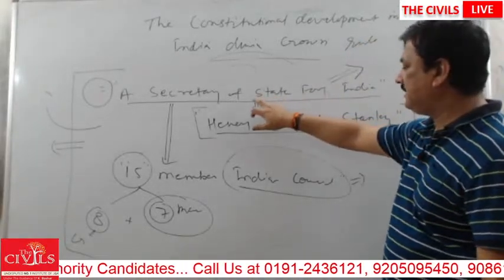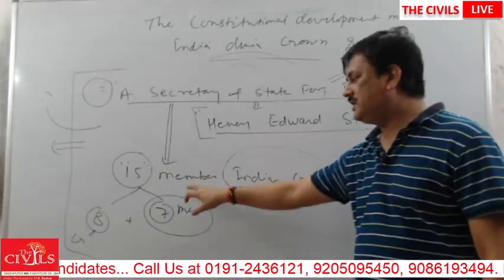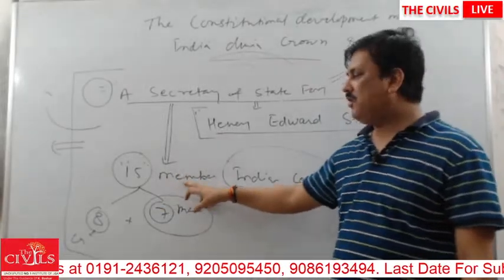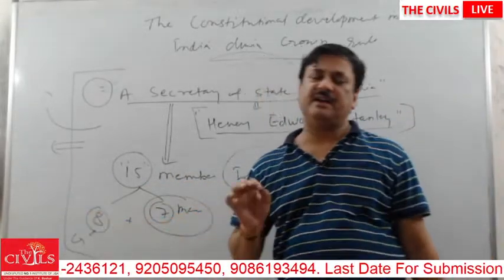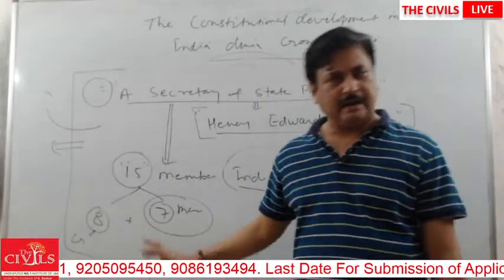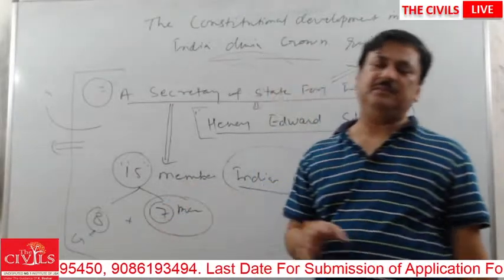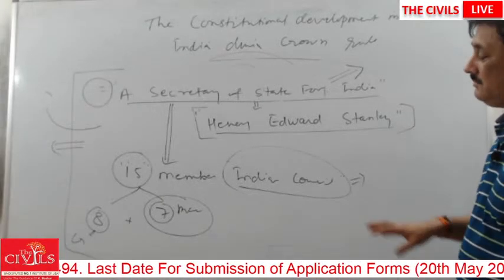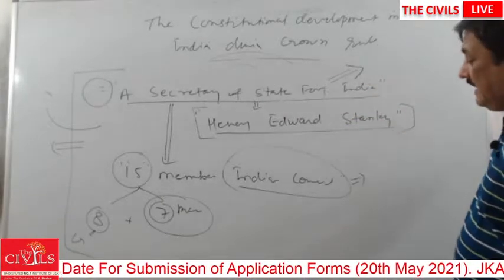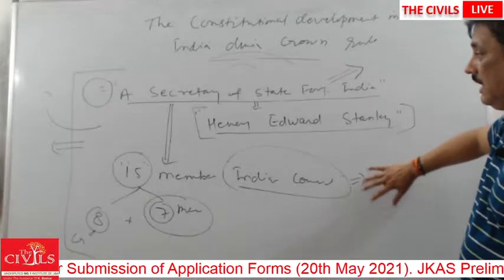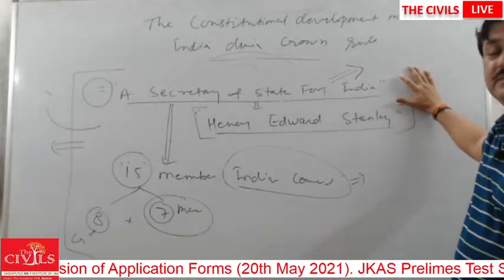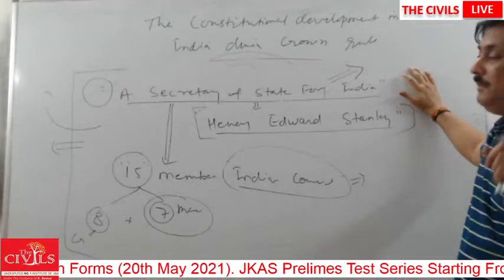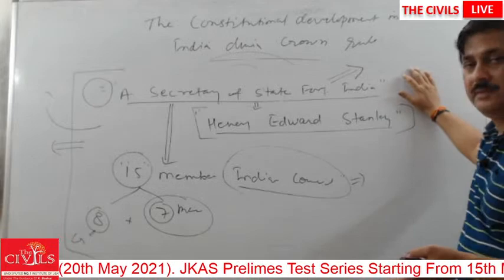To assist the Secretary of State for India, a council called the India Council was formed, which had 15 members. Out of 15 members, 8 were nominated by the Crown and 7 were nominated by the Board of Directors. This India House under the Secretary of State was responsible for the administration of India on behalf of the Crown.